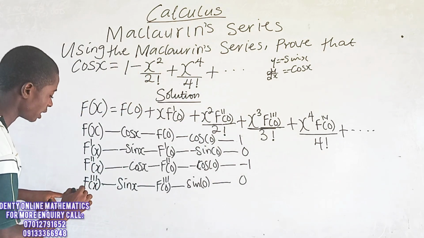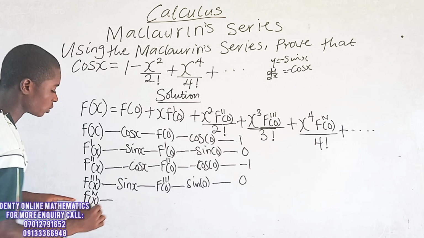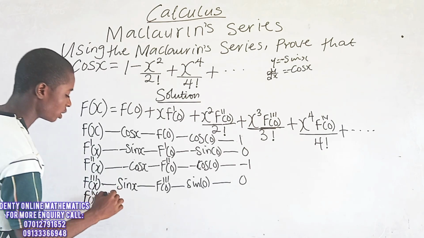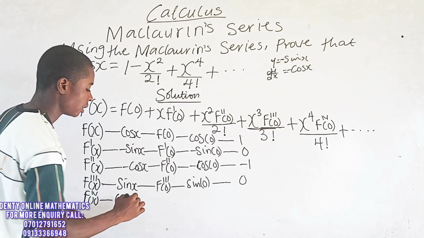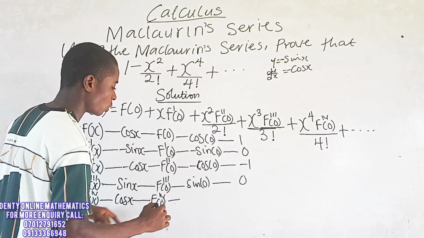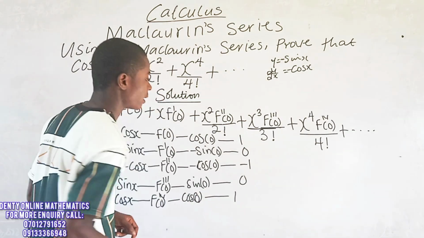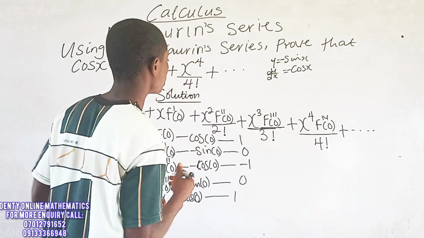Now you continue the same process again. F four of x, if you differentiate sine x, you are going to have cos x. And f four of 0 will give us cos 0, which is the same thing as 1.